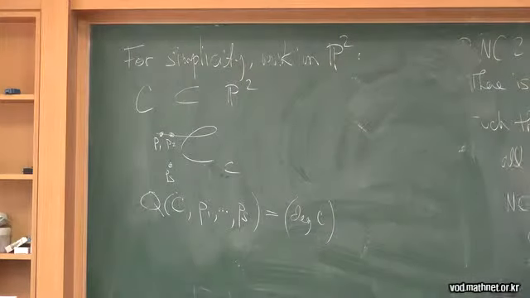So here, for example, this was a curve of degree 9, and C squared is going to be the degree squared, and then we have 8 points of multiplicity 2 and 1 point of multiplicity 8. And so if you work this out, if I did it correctly, it's negative 15.